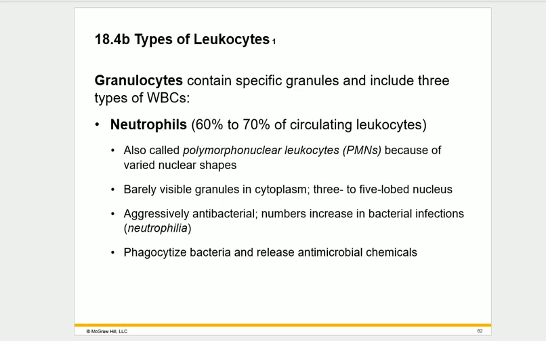You'll see a bunch of neutrophils if there is a bacterial infection because they battle those, right? So you got a bacteria infecting you, you're going to see a bunch of white blood cells. Specifically, neutrophils attack that, and they phagocytize bacteria and release antimicrobial chemicals, so they can destroy the bacteria in multiple ways, but we will not talk about that until chapter 21.